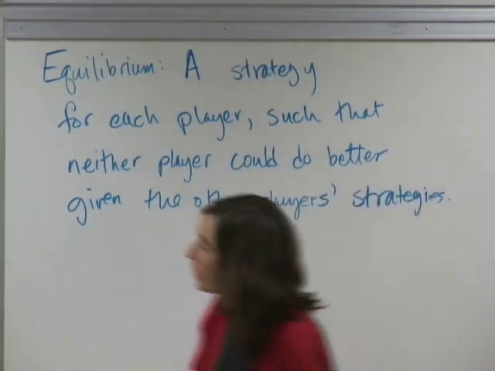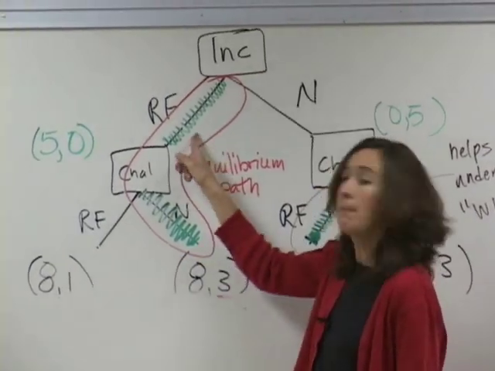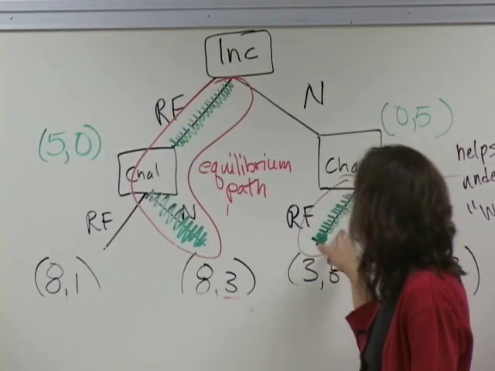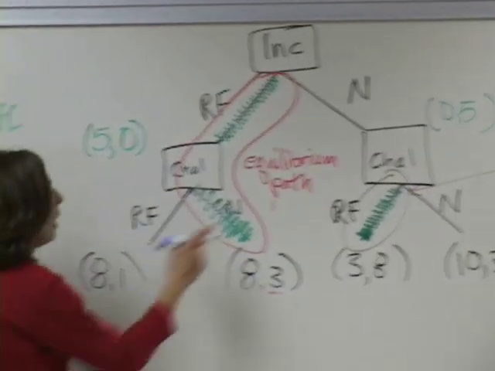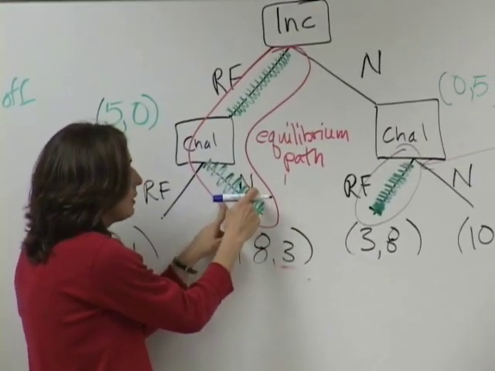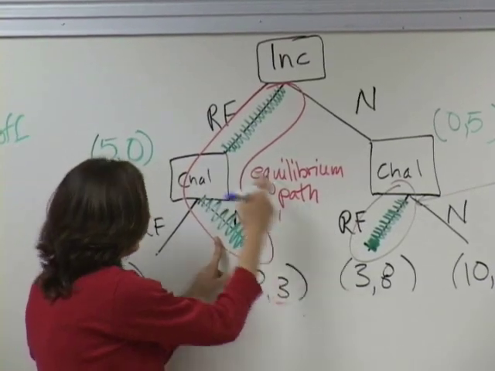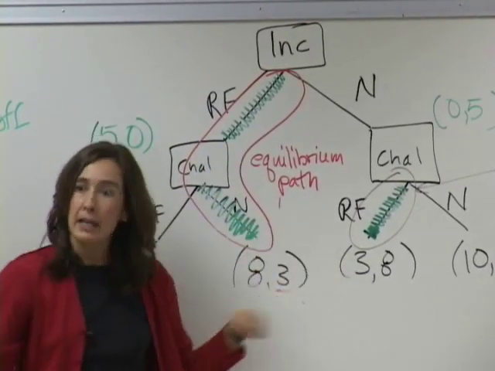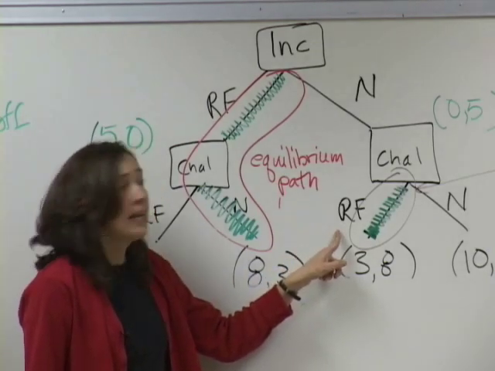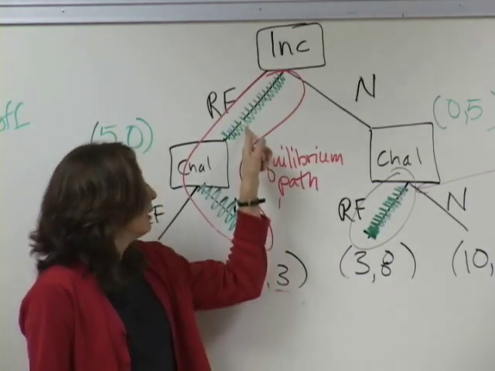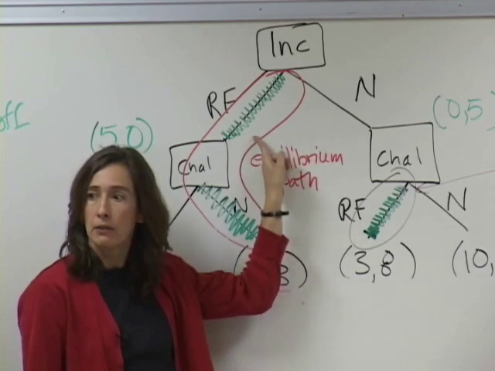So if you keep on doing your thing, you're the challenger, I'm the incumbent, if you're playing this green strategy here, if you're going to not raise funds when I do, but raise funds if I don't, then I can't do better by not raising funds.